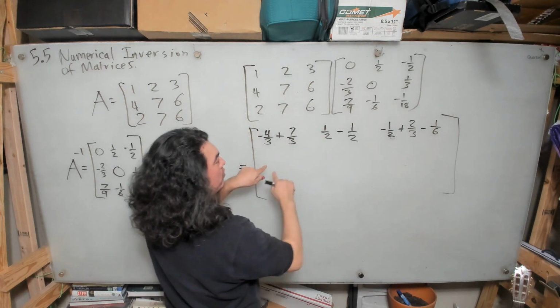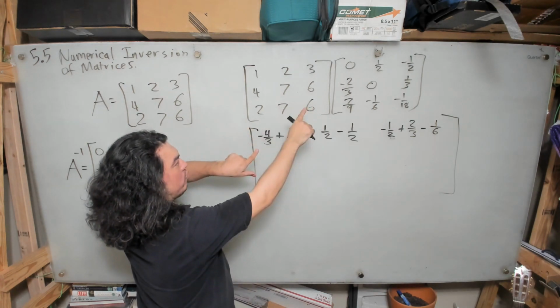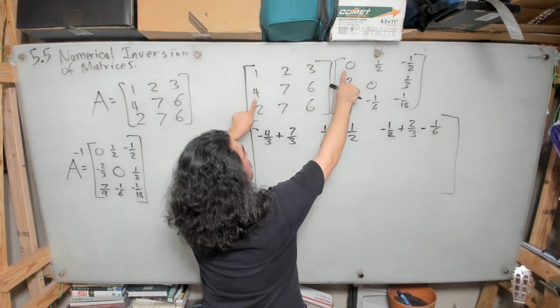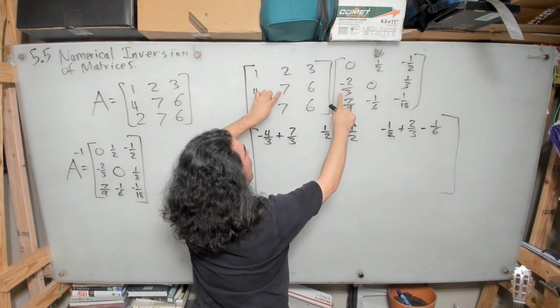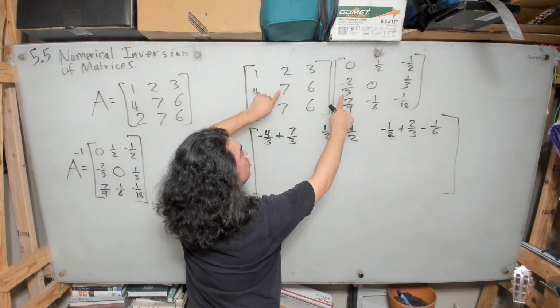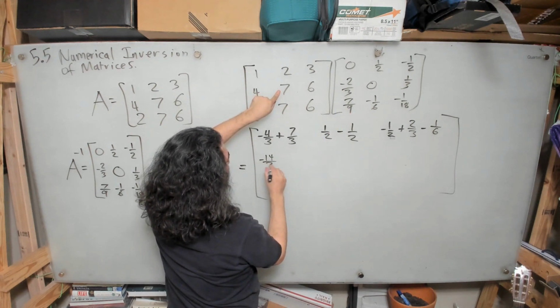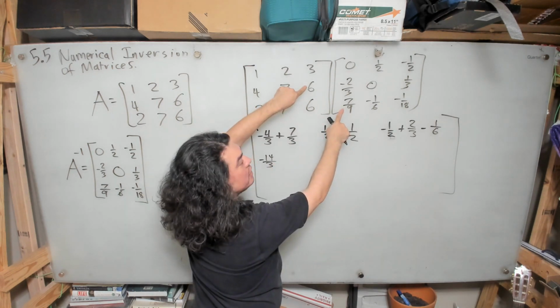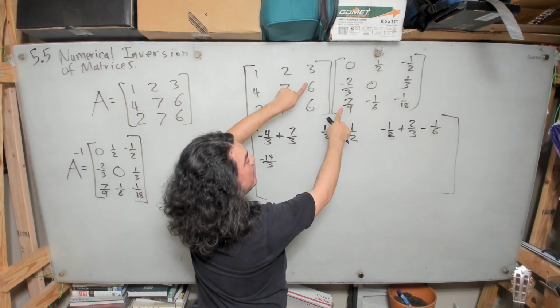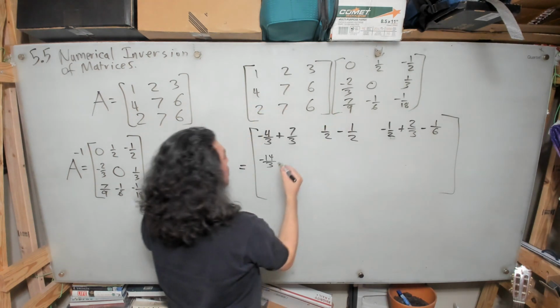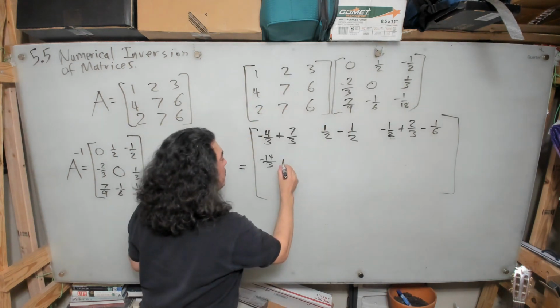Then I'm going to perform the multiplication across the second row to get the second row of the product matrix. 4 times 0, I don't have to write that because that's 0, plus 7 times negative 2/3, which will be minus 14/3, plus 6 times 7/9, that's plus 42/9, which is plus 14/3.